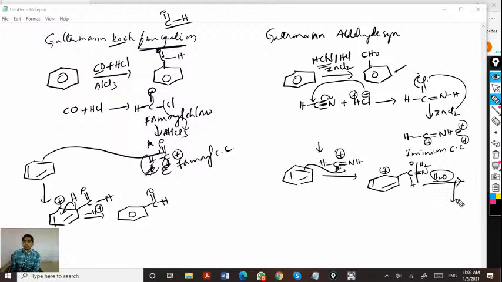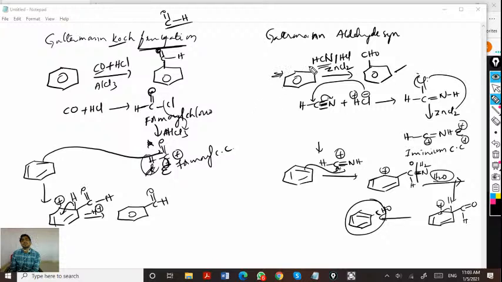Let's hold the positive charge: C double bond OH, and with release of H plus, the resulting product will be benzaldehyde. So with two different reagents, we synthesize benzaldehyde from benzene.